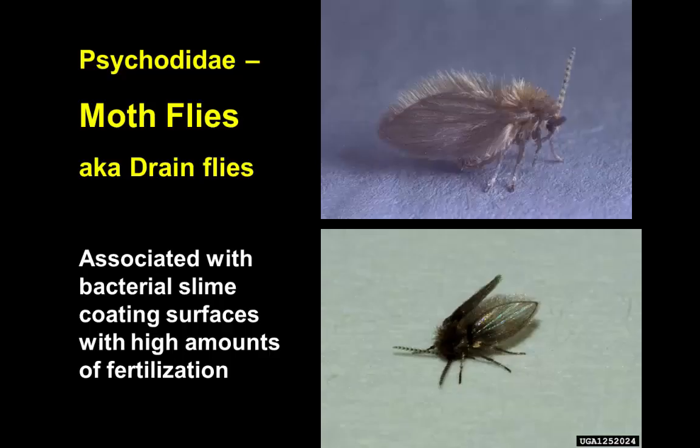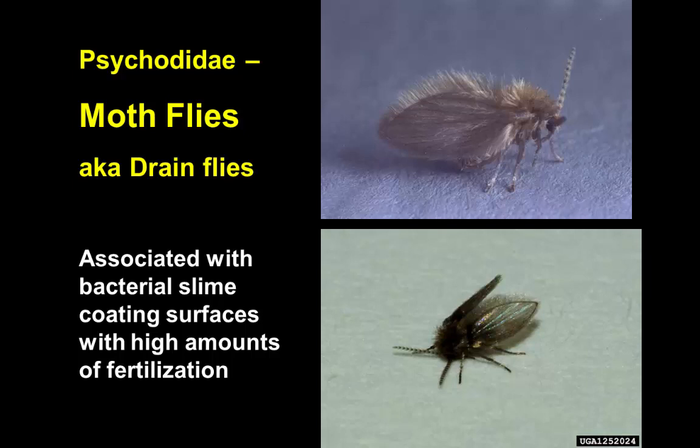There are other kinds of flies occasionally you might find in a larger greenhouse operation. There's a curious kind of fly called the moth fly that looks like a very tiny little moth. They're also known as drain flies because they are often associated with drains, and in particular the bacterial slime that often grows on a drain where it's continuously wet, often with nutrient-rich water, maybe some fertilizer going into the drain.